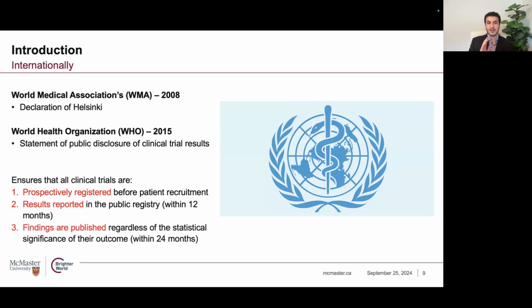And lastly, we want to ensure that all findings are being published in a journal regardless of their statistical significance within 2 years. So of course, as someone who also works on clinical trials, I completely understand that we have many incentives to publish our paper, especially with positive or statistically significant outcomes.